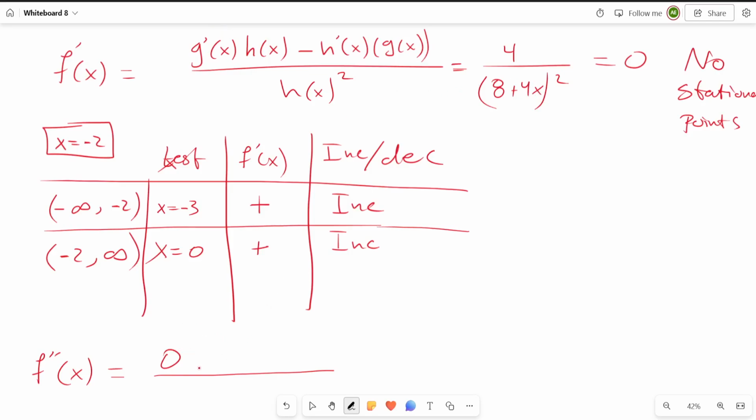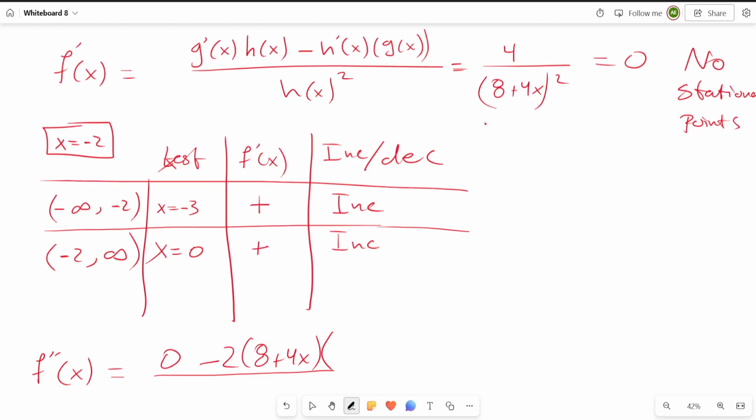So 0 times anything is basically 0. And then we have a minus. So minus the differentiation of h of x, the differentiation of this function. So what's the differentiation of this function? Using the power rule, I know it's going to be this power times the coefficient. So 2 into 8 plus 4x, and then reduce the power by 1. So from 2 minus 1, that is basically 1, or I can just leave it like this. And then I will multiply by the derivative of what's inside.